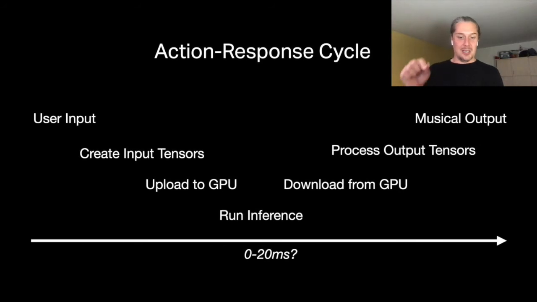Say you press a key on your instrument, that triggers some code that turns that event into an input tensor, which is uploaded to the GPU, which is then run through your machine learning model, whose results are then downloaded from the GPU, and then your musical outputs are scheduled from that. That is a lot of stuff to do in a very short amount of time.